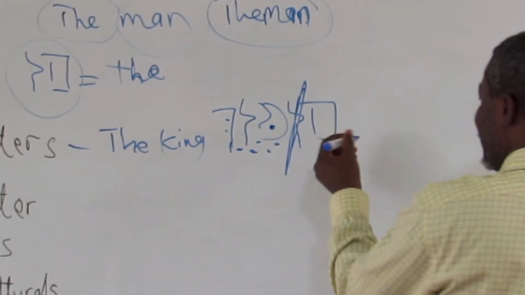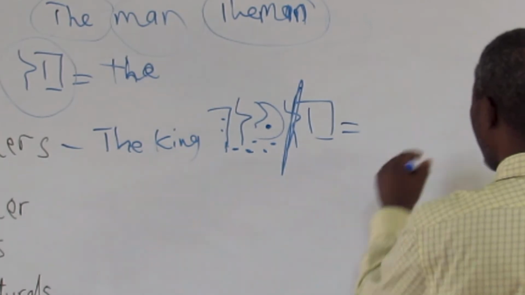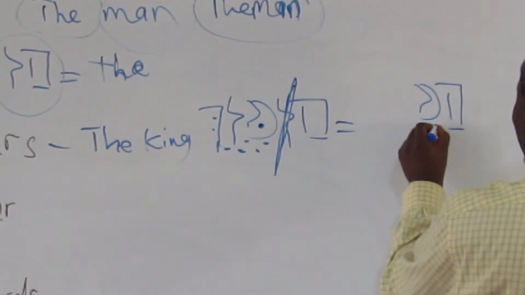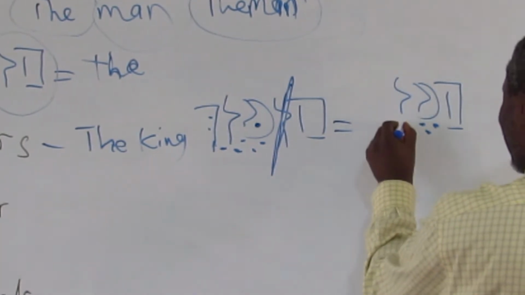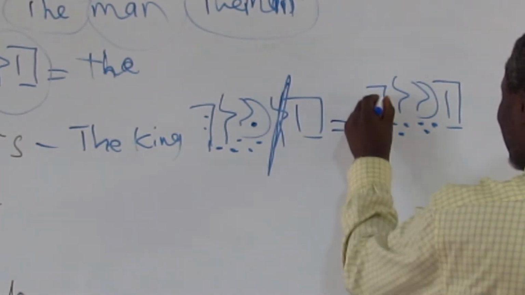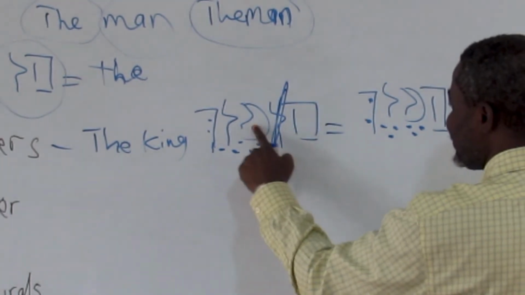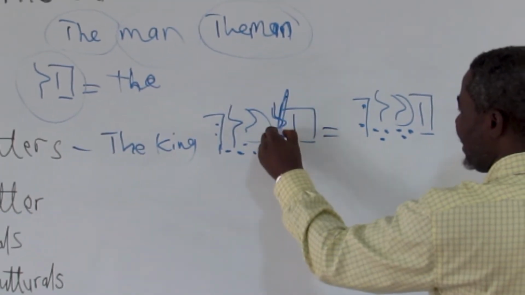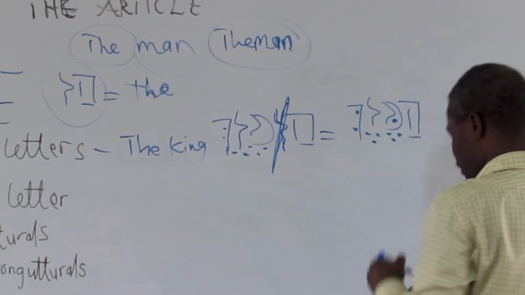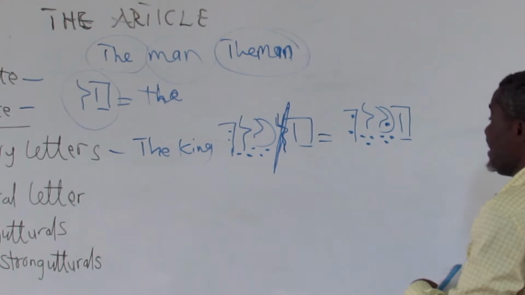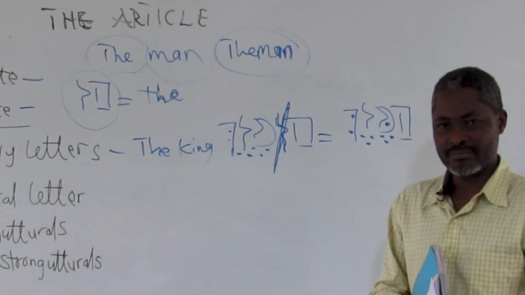So in the real sense, the king becomes hamelech. But the dagesh forte that compensates for the lamed has to be added, to indicate that something has dropped.